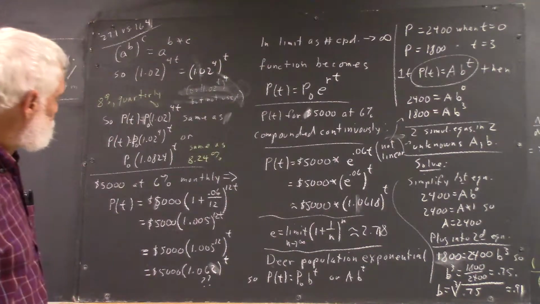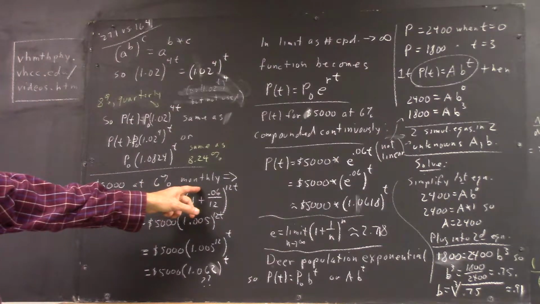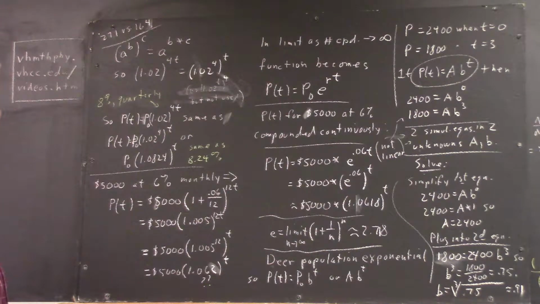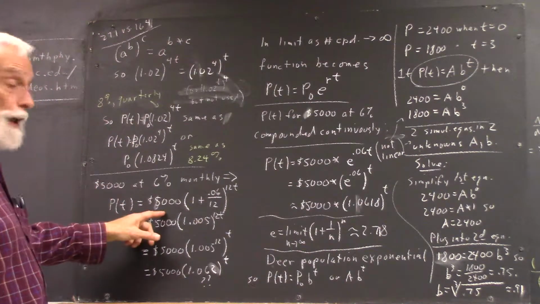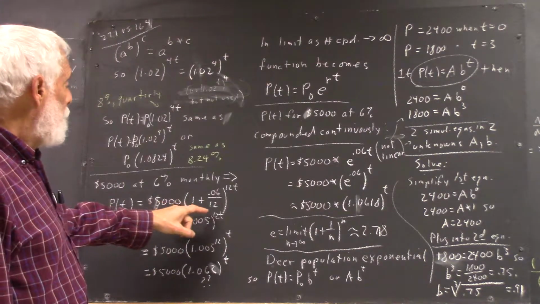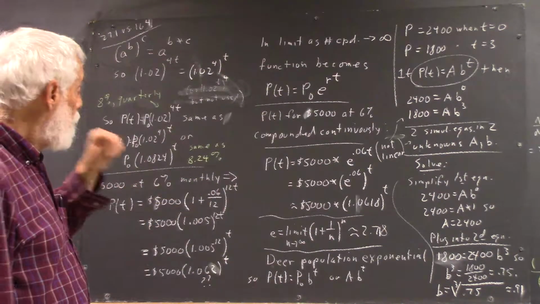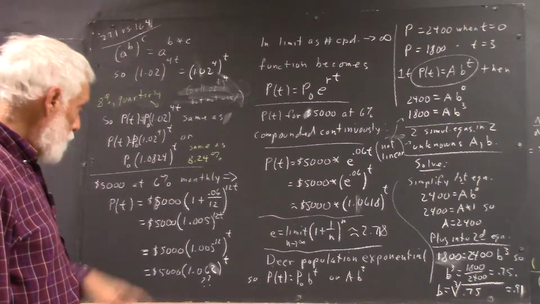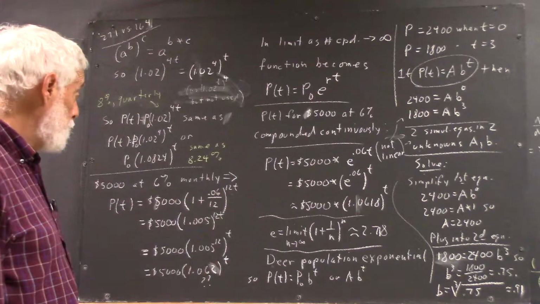Okay, well, what if we compound $5,000 at 6% compounding monthly? What do we get? Well, our initial principal is 5,000, so we're going to write that down. And then we're going to have 1 plus 1/12 of our 6%. And then we're going to compound that 12 times every year, so we're going to have an exponent of 12t.